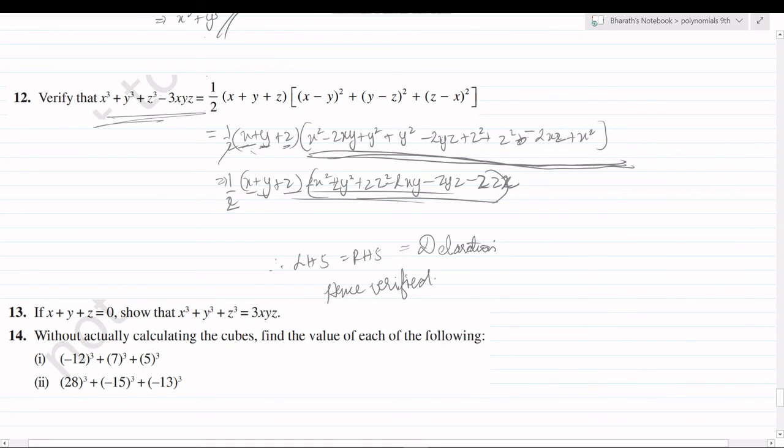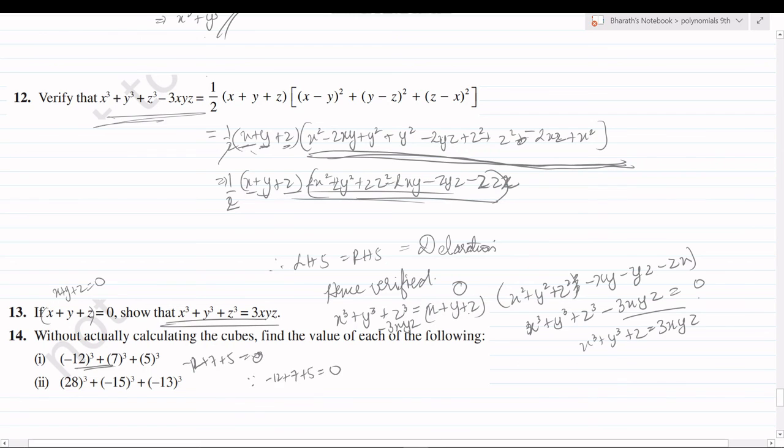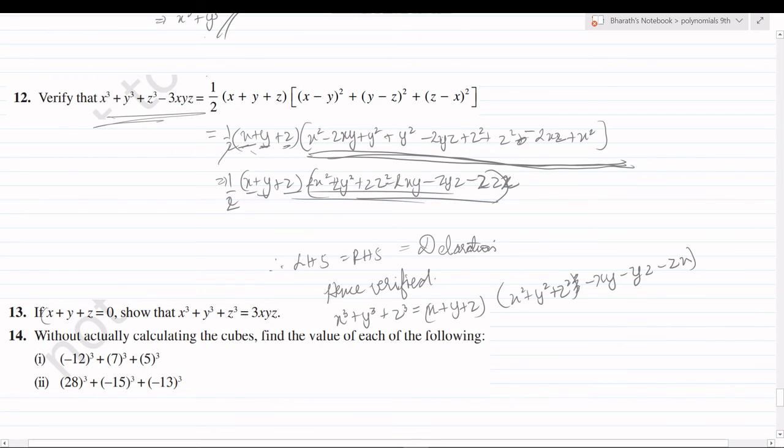Now see, we know that. Now when it is given that x plus y plus z is equal to 0, then this whole term is 0, right? So this whole term is 0, then you get x cube plus y cube plus z cube minus 3xyz is equal to 0.